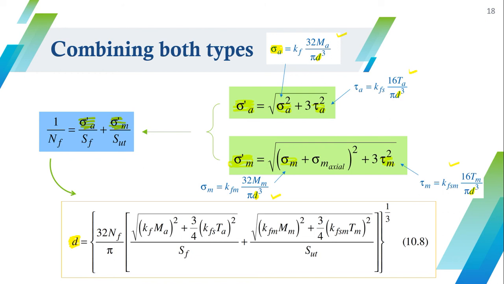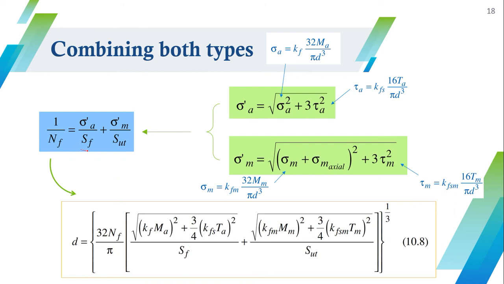This is the large expression that I get for the diameter of the shaft. This expression has been derived using all the expressions that we read earlier. If you try to understand this expression, it is not very difficult.